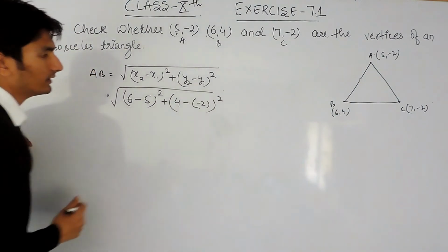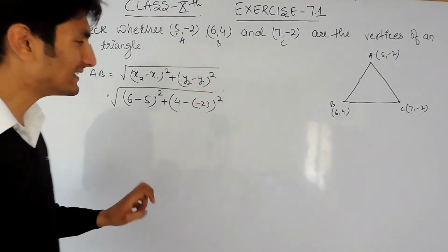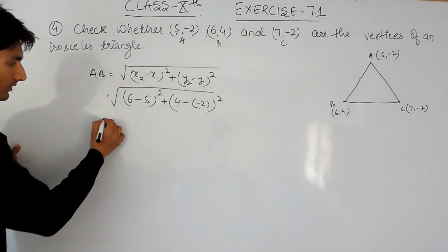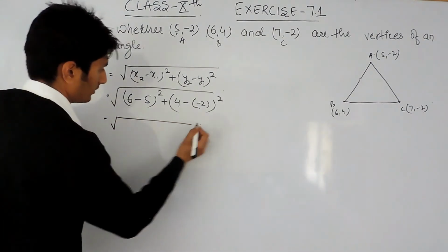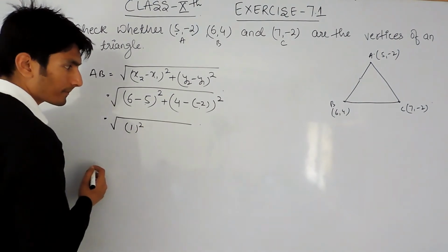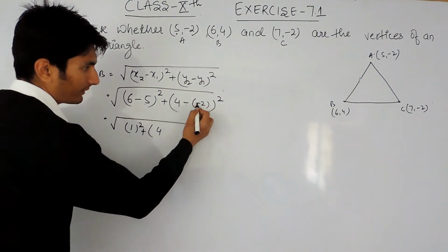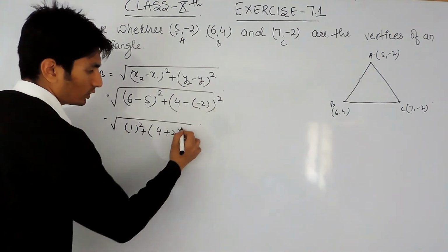This is important here. You have to make sure that you place the right sign before the numbers. So 6 minus 5 is 1, so it should be 1 square, and it should be plus, it should be 4 plus 2, because minus minus is again plus, whole square.